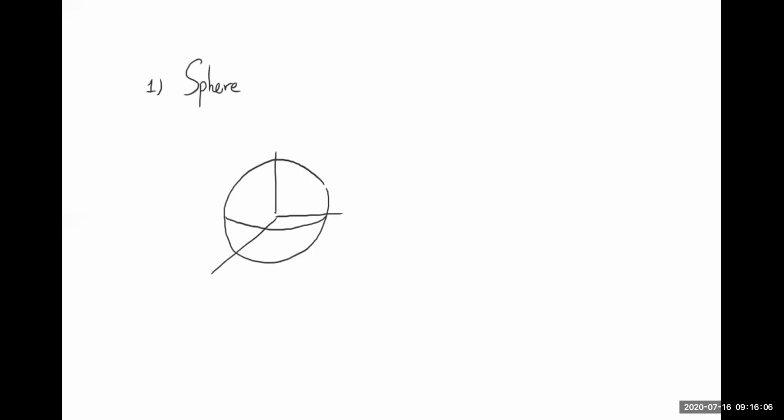So for example, one surface which we have seen before is the sphere. You've seen a sphere before, right? The sphere is kind of like our planet. It looks like this. Only the surface of the sphere, right? The equation of the sphere with center, say, x1, y1, z1, with radius r.